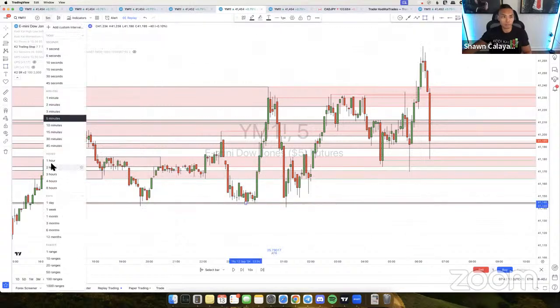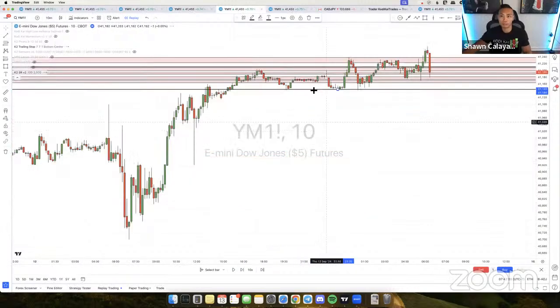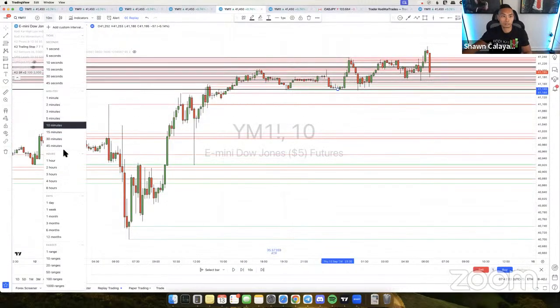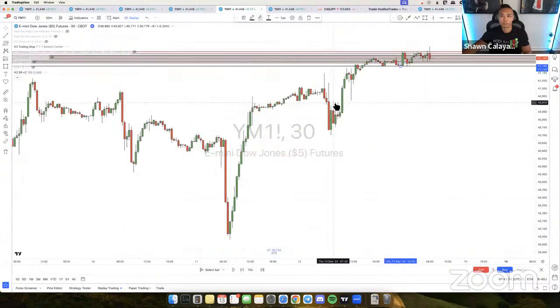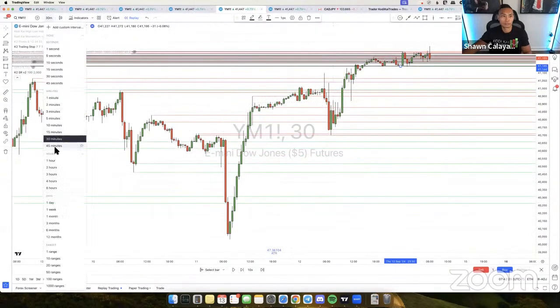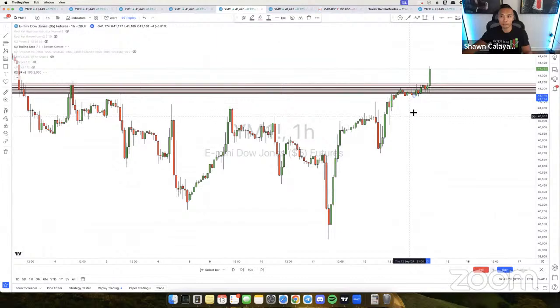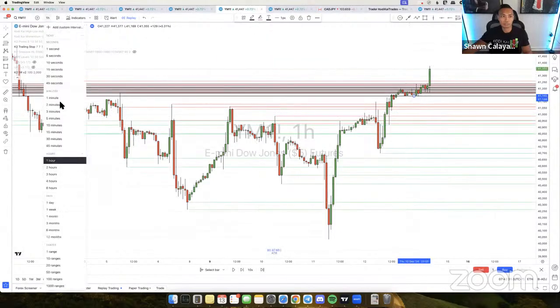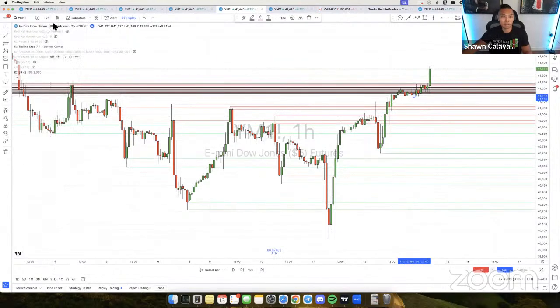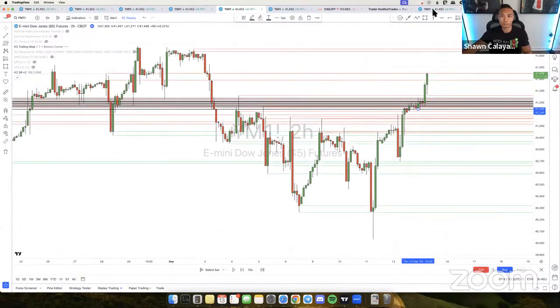Trying to get the upper zones. Okay, is it down that high? It's like literally no upper zones here. Okay, perfect. There you go.